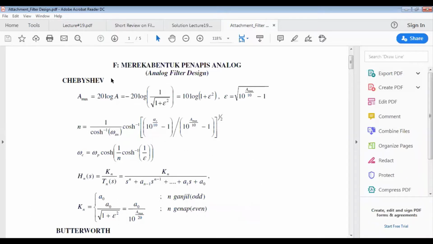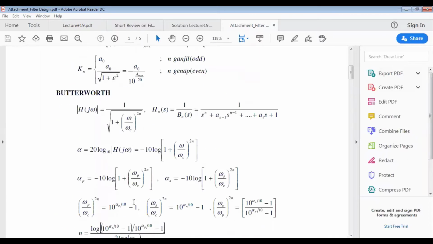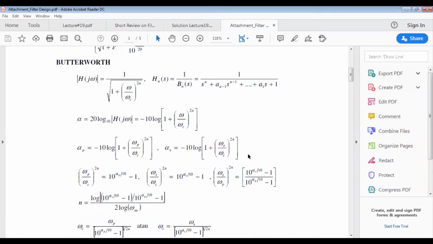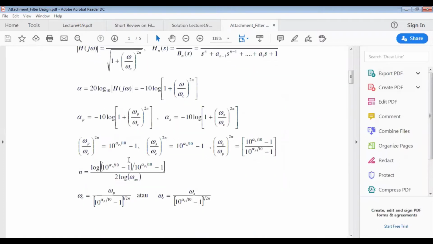In this particular attachment, there are two filters being described. The first one is Chebyshev and number 2 is Butterworth. So we just go into the Butterworth. These are the important equations for the Butterworth filter, and you're going to use this in the next slides of lecture 19.